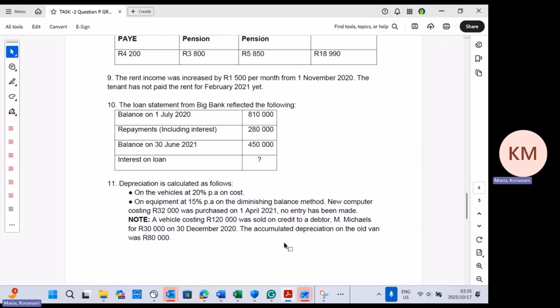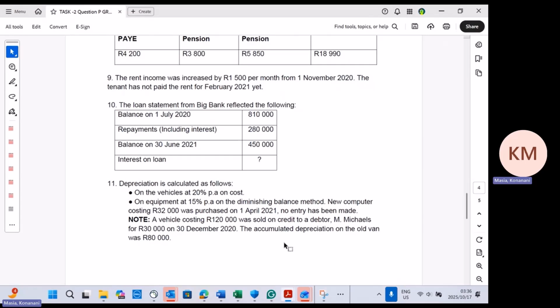I've also been told that the new computer costing was purchased on that day, and no entry has been made. A vehicle was sold to a debtor, Michael's, for 30,000 on 30 December. The accumulated depreciation on the old van was 80,000.